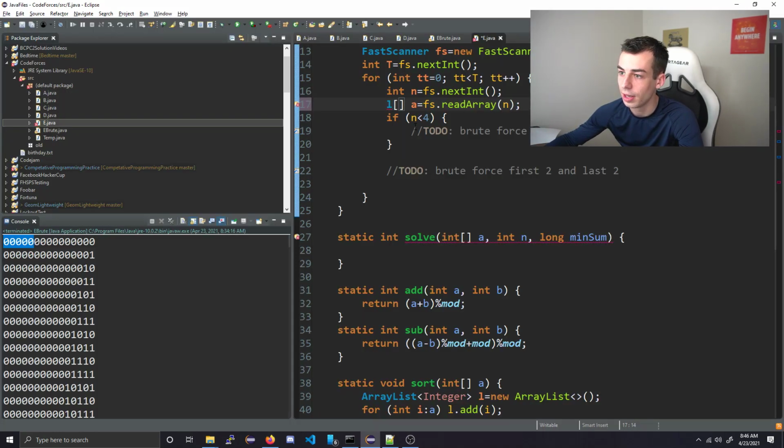Values are up to 10 to the 9. I guess int array doesn't hurt, I think.